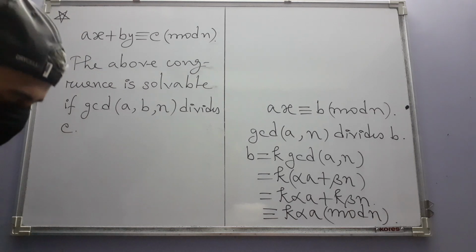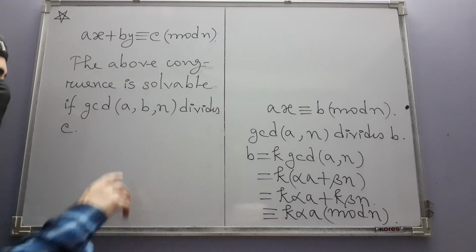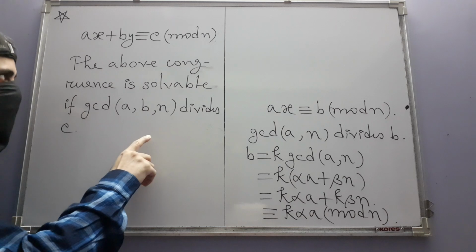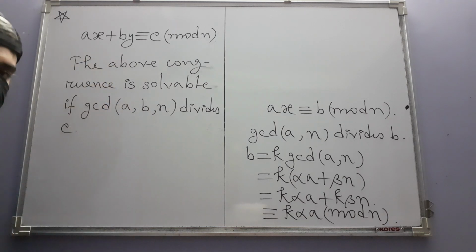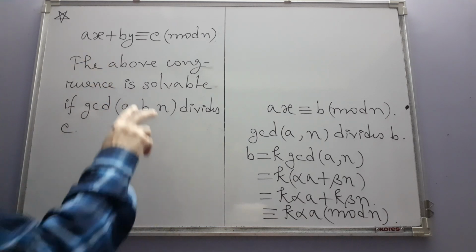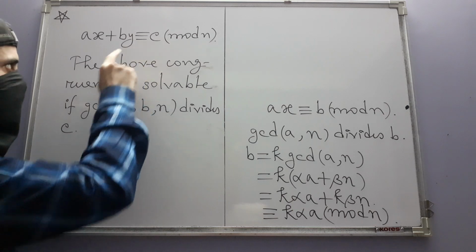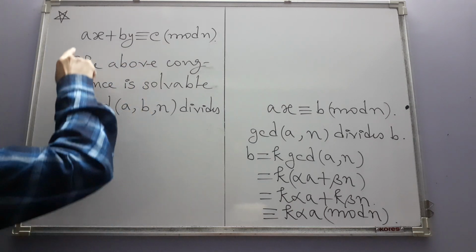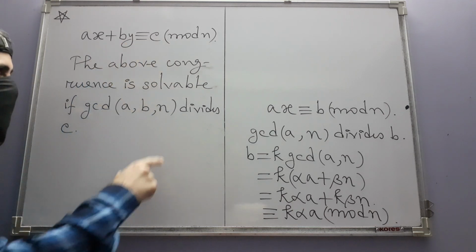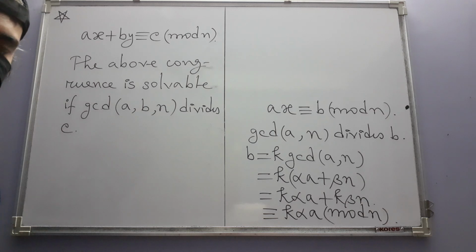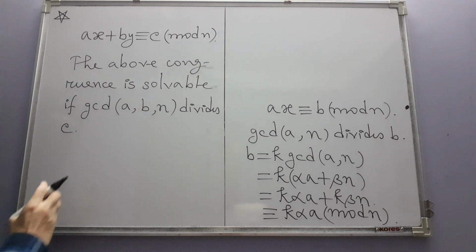So from that itself, you can see that this is the condition for solvability of such a congruence. You of course understand that here x and y are the unknowns and a, b, c are integers, n is a positive integer.